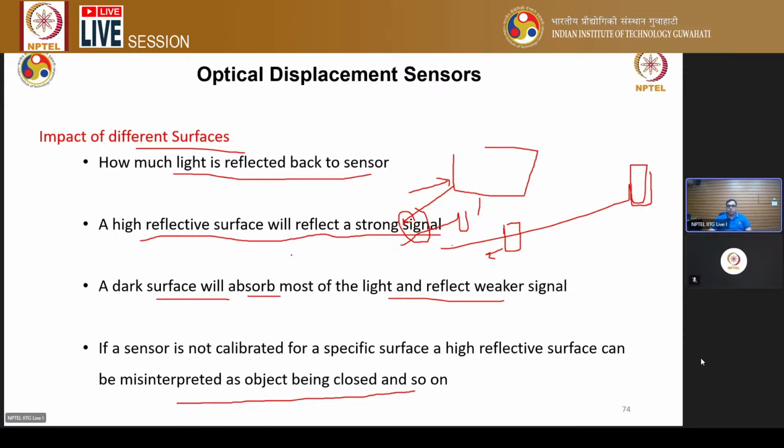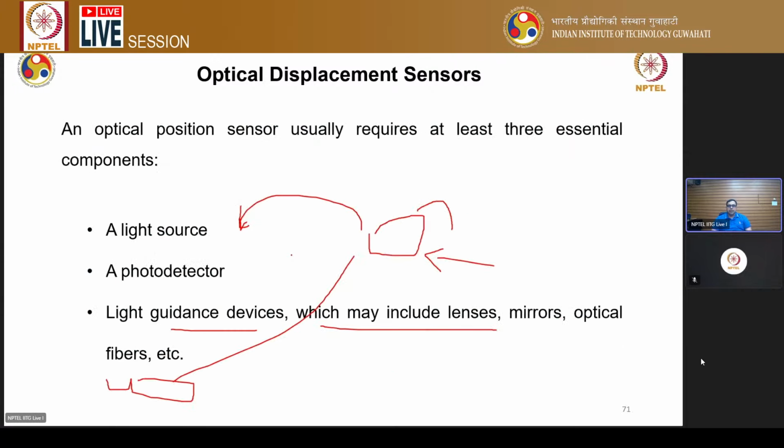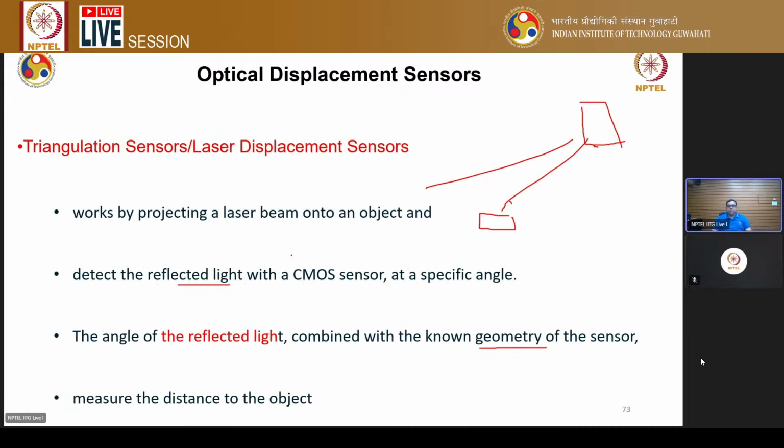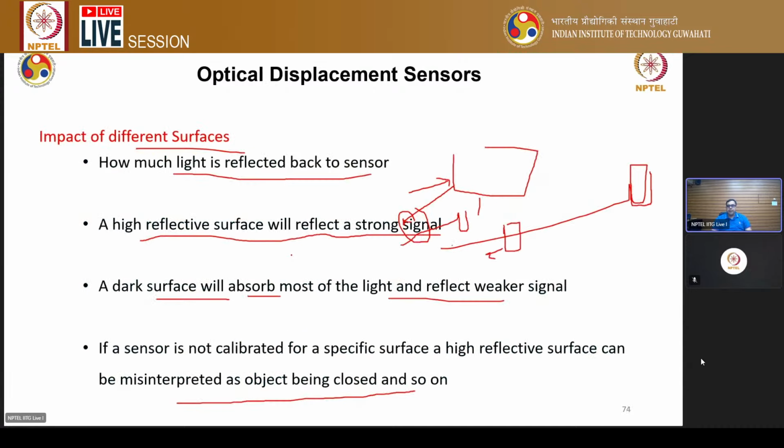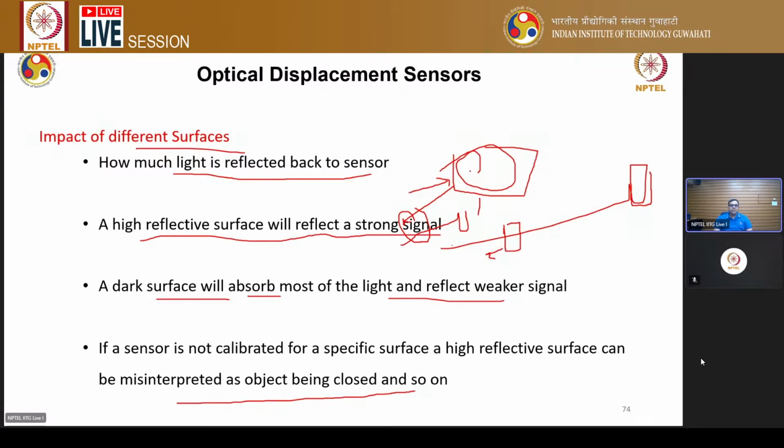That is the concept of surface reflectivity. If the surface reflectivity is poor, there is always a chance of creating error. In both cases you need calibration. Before you actually deploy your sensor, you should have an idea about the object's surface and its surface reflectivity.